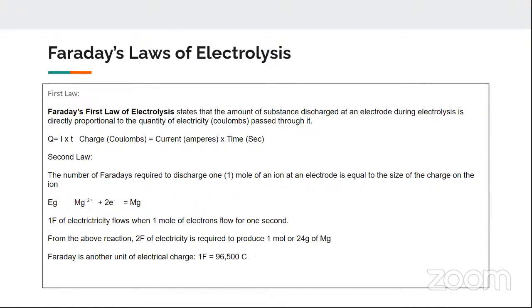All right. So you have two different units for the quantity of electricity. You have what we call coulombs. When you multiply current in amperes and the time in seconds, your unit for the quantity of electricity there is coulombs. And the other unit for quantity of electricity is the Faraday, where 1 Faraday is equal to 96,500 coulombs.